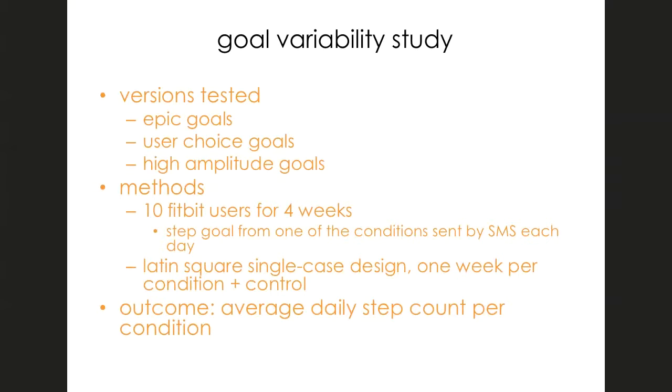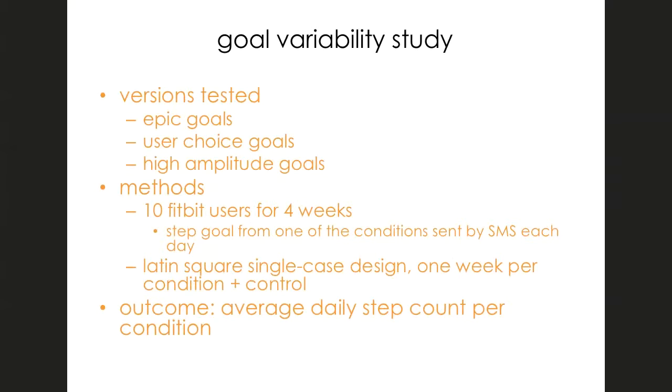And she used the Latin square N-of-1 design, where she basically had each one of them, in a balanced fashion, use for a week at a time one of those three different kinds of goal variability scenarios, as well as the sort of control condition of what they were already doing in the previous studies. And she looked at average daily step count for a particular condition as the output, right?